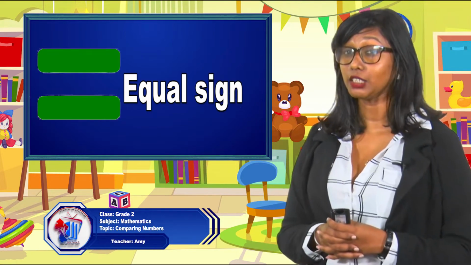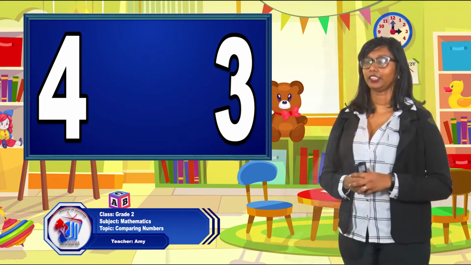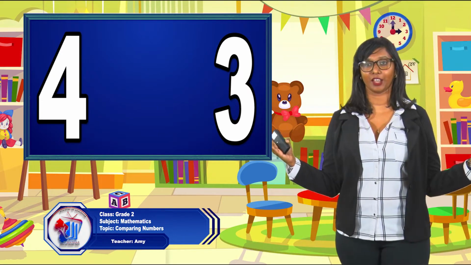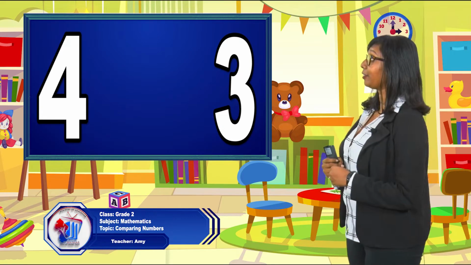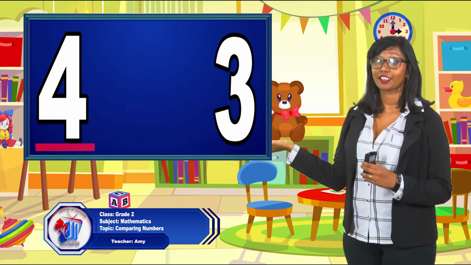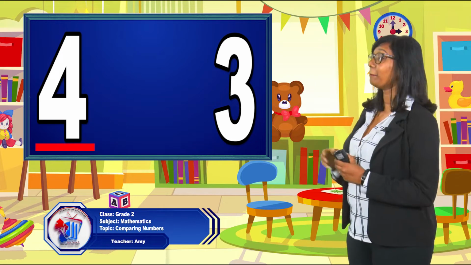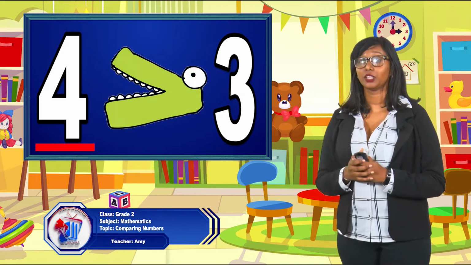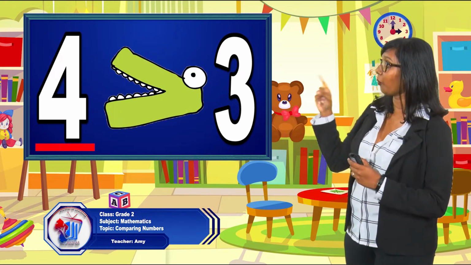Now let us take a look very carefully at our numbers. Remember, Mr. Alligator is hungry. So he will munch on the bigger number. So the bigger number is 4. So the mouth of the alligator will turn to 4.